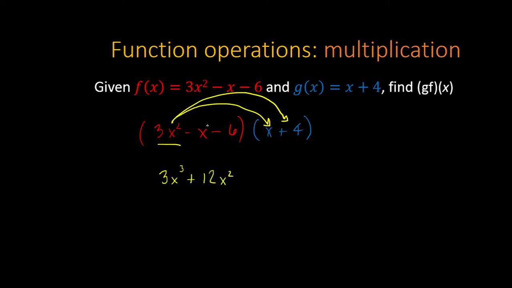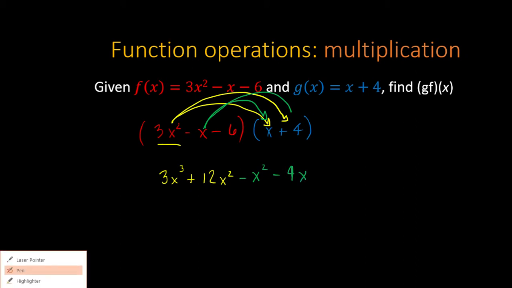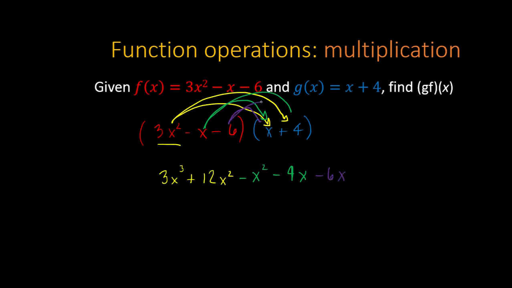Keep going. Negative x times positive x is negative x squared. Negative x times 4 is negative 4x. Now I just need to take care of the negative 6. Negative 6 times x, negative 6x. Negative 6 times 4, negative 24.